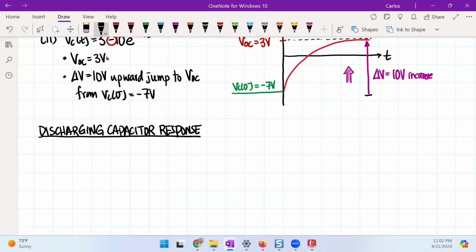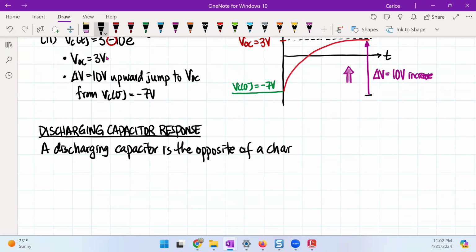So it should be clear that a discharging capacitor is the opposite of a charging one. What I mean by this is that VC of 0 is larger than VOC.